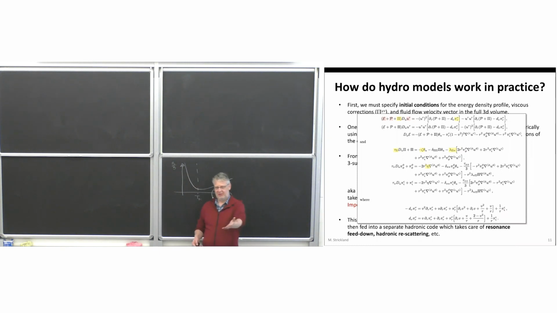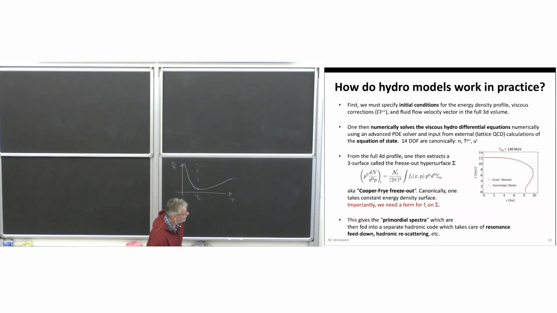So if I tell you this is the quark-gluon plasma, go sit in your basement for 10 years, eventually you might be able to return numbers for all of these transport coefficients that are in these equations. But that doesn't change the fact that you still have to solve them numerically, right? So you have to specify initial conditions for all of these 14 variables, solve the coupled partial differential equations.